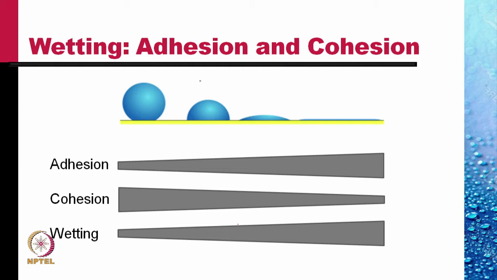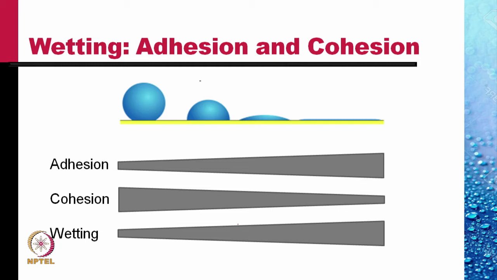In fact, here it is the three-surface interface, the solid, air and liquid, that are in the picture. As the adhesion increases to the right, the cohesion decreases to the right and the wetting increases.